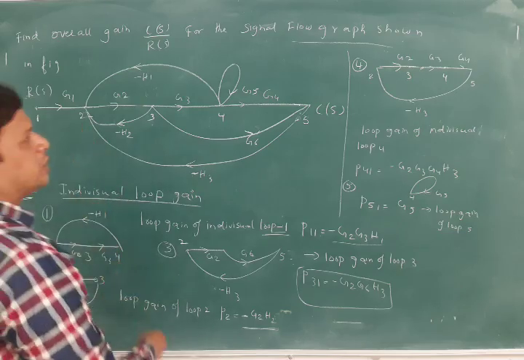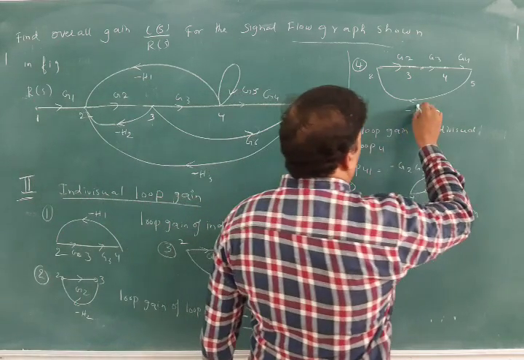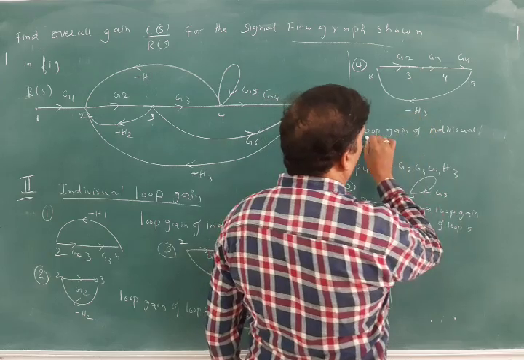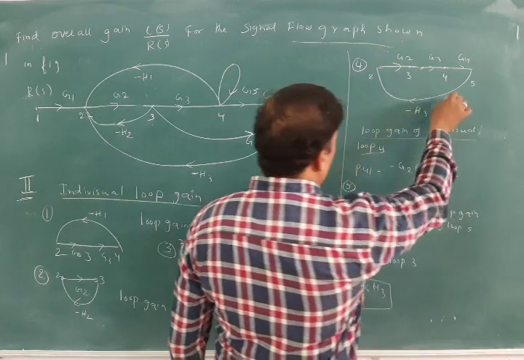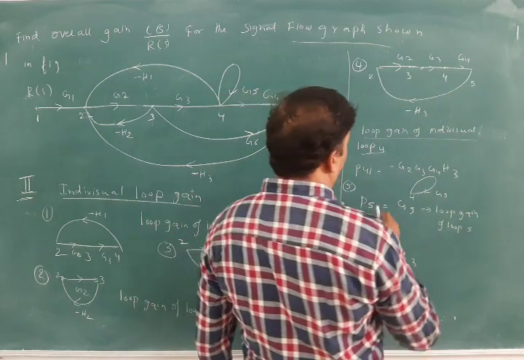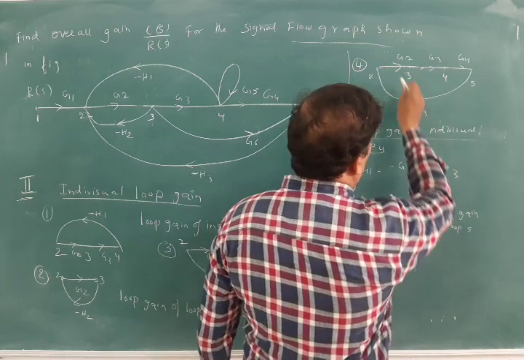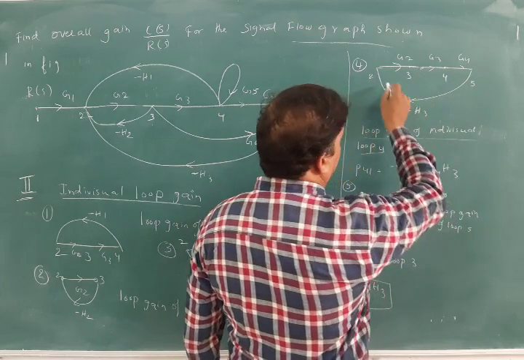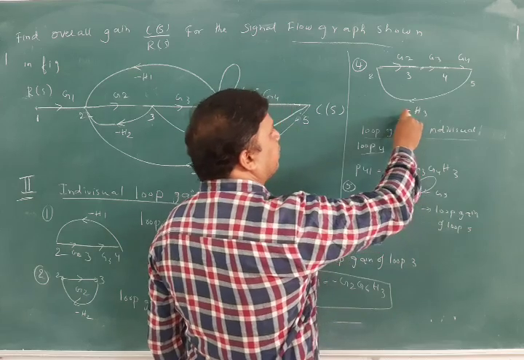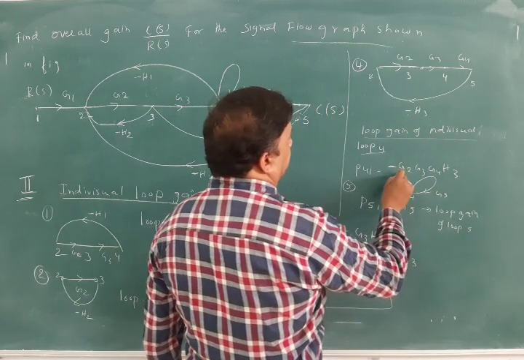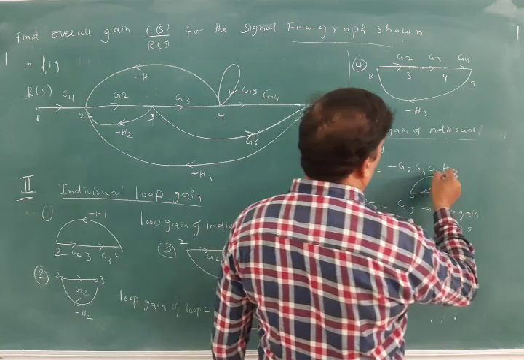So we note this individual loop and form the loop gain of the individual loop 4. This is loop 4. You will get P41 equals minus G2 G3 G4 into H3. The negative sign comes only from this minus H3. So you can write negative G2 G3 G4 and H3.